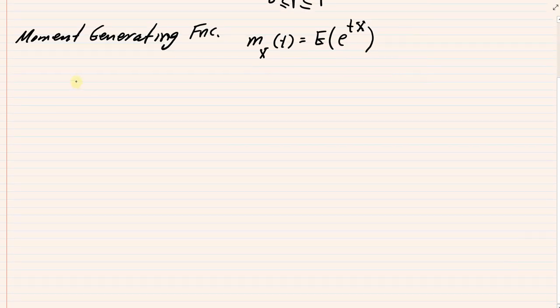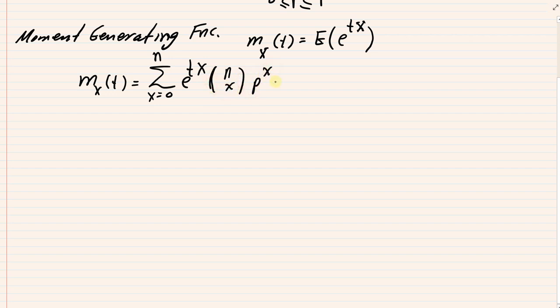In the case of a binomial, we can write M_x of t equals the sum, x from 0 to n, of e to the tx times the probability distribution, n choose x, p to the x, and then q to the n minus x.